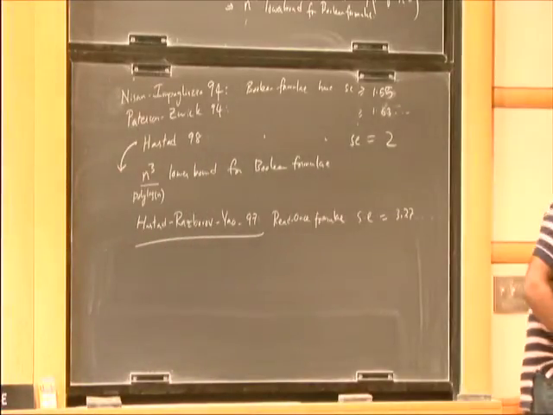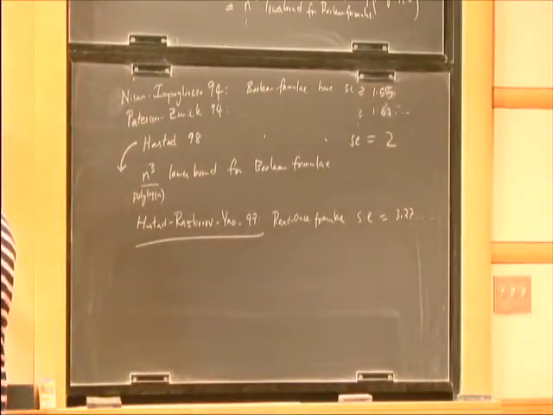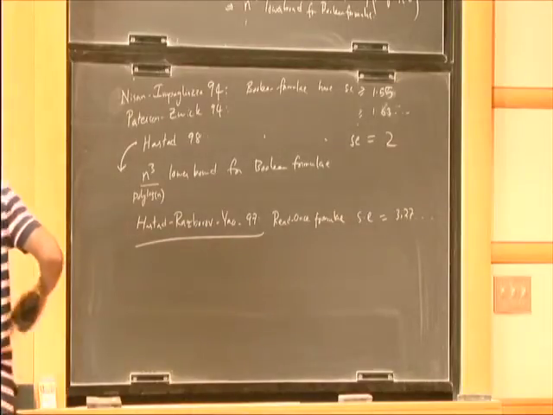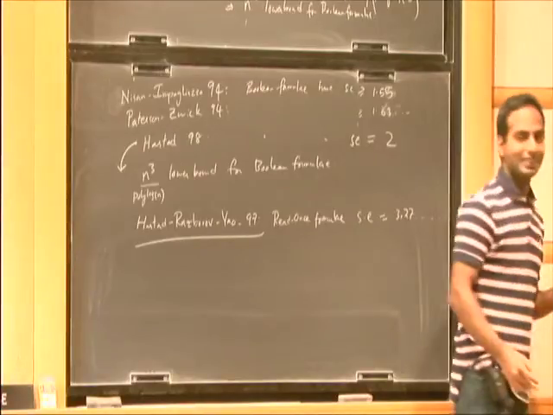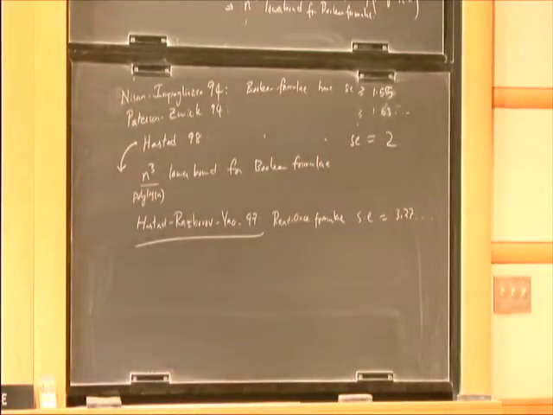The upper bound basically comes from simulating majority by read-once formulas, from Valiant's work.